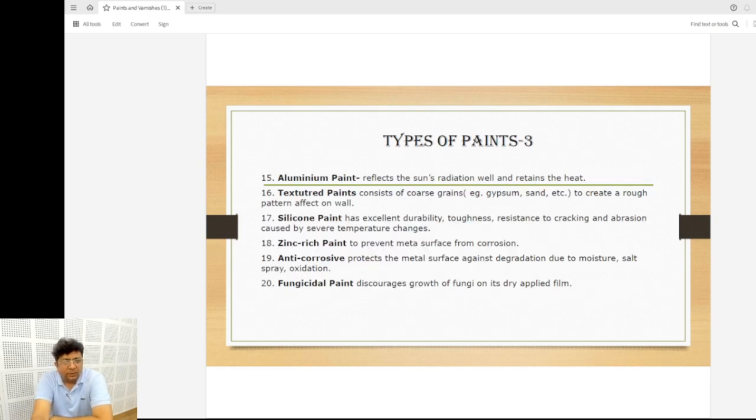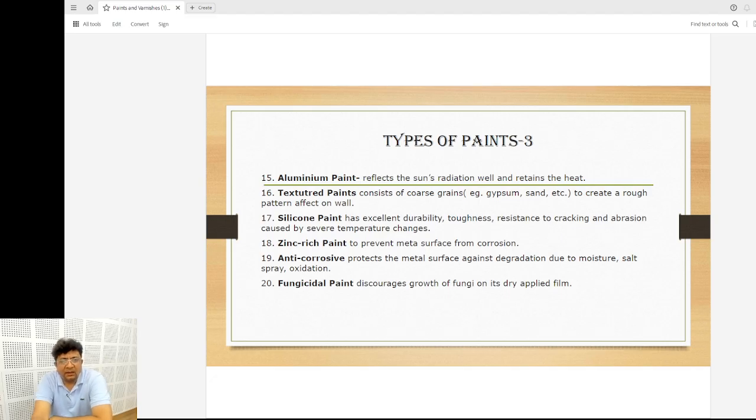Then we have aluminum paint. Aluminum paints reflect the sun radiation well and retain the heat. Aluminum paint has some specific qualities. Then we have textured paints. Textured paints are also widely used in the interiors of homes, where we can have different types of textures.